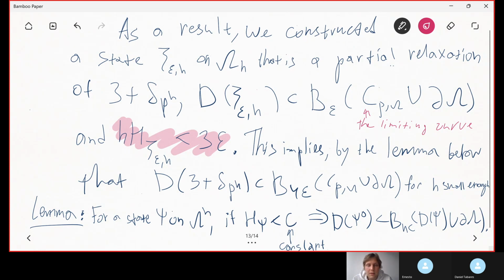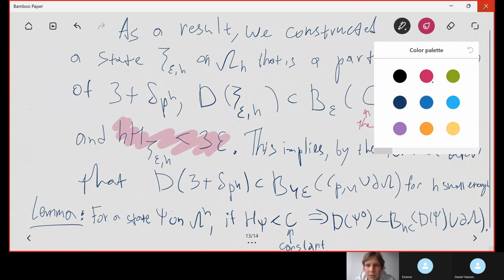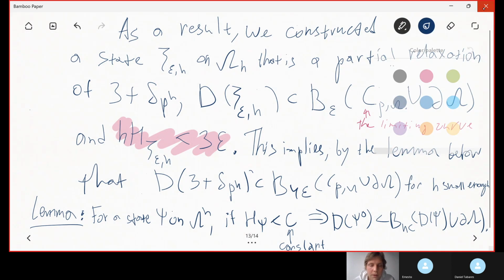And this implies one side of this convergence in the Hausdorff sense, that the deviation of the relaxation of this original state at one point is somewhere in the 4 epsilon neighborhood of the curve together with the boundary. Okay, and this is one implication about the limit.